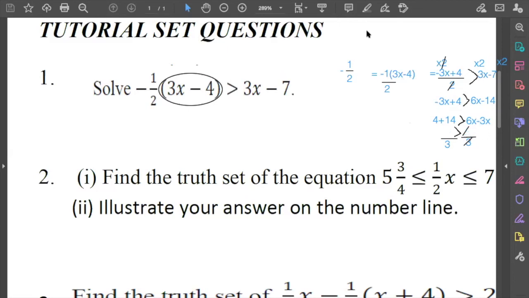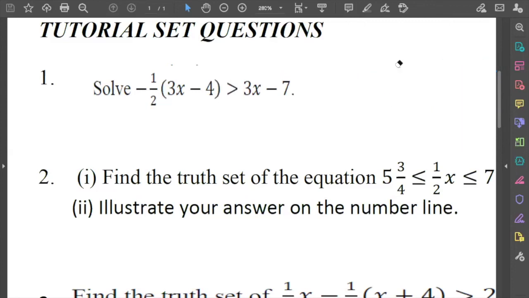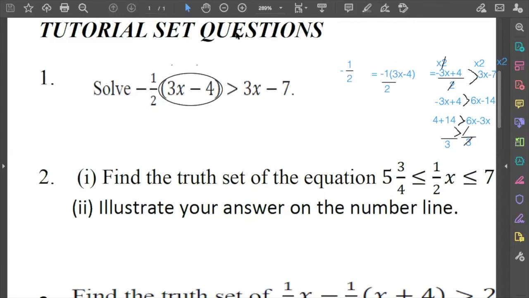So this is going to be positive. Good. So I'm going to have 9x, right?